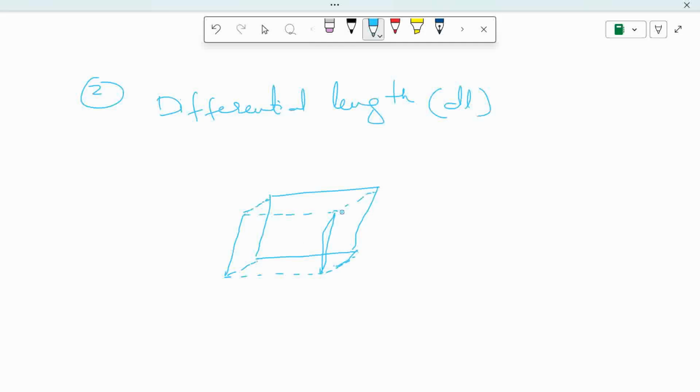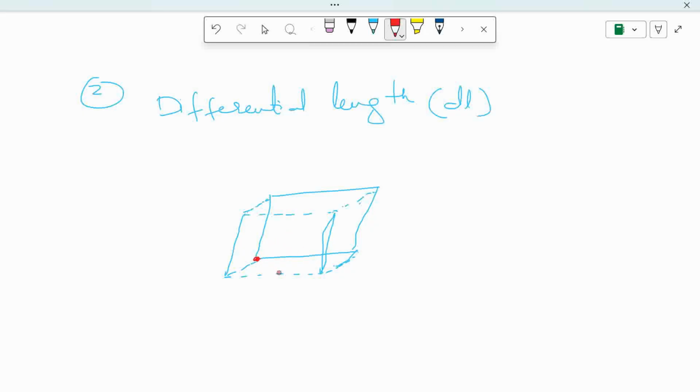So basically, it's a parallelepiped. Now, this is used to define the differential length, differential area, and differential volume. So this is in 3D space.